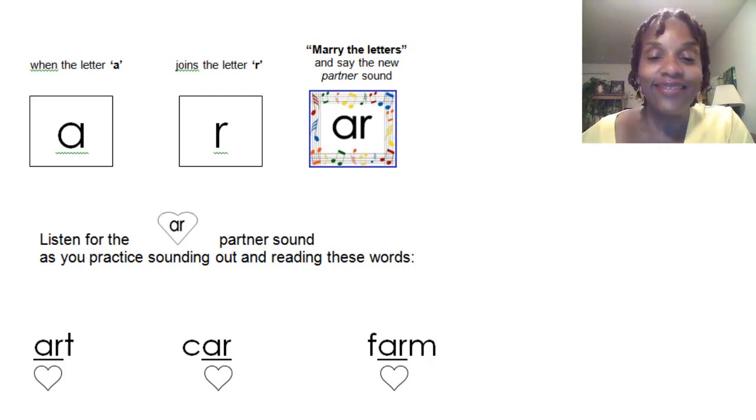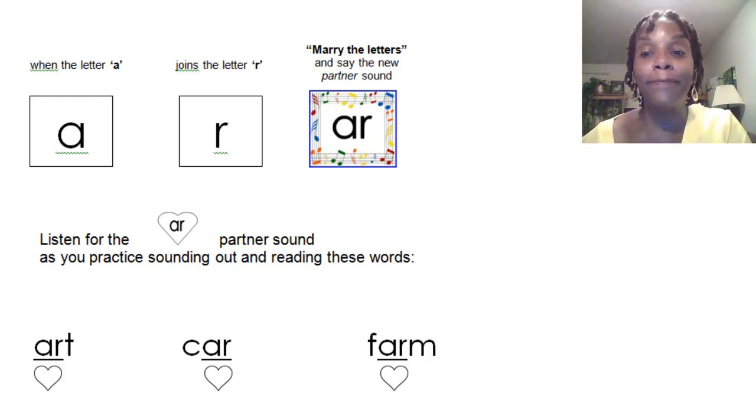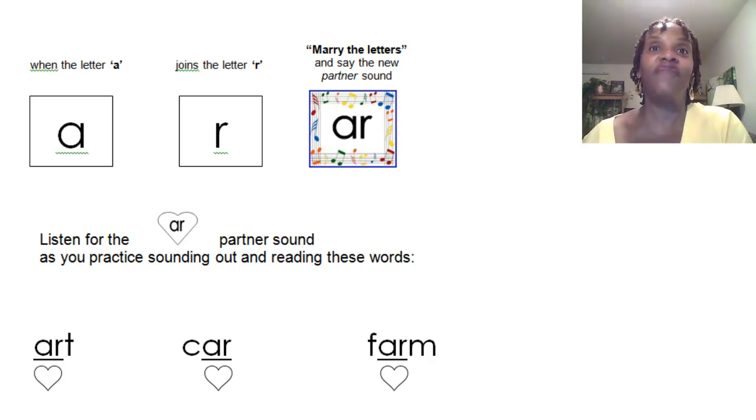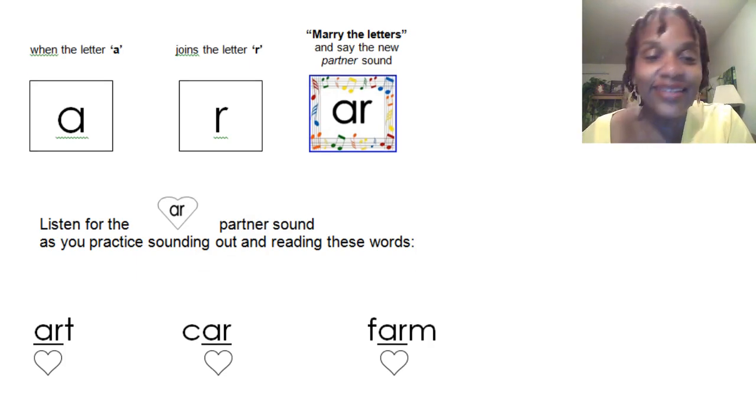Car. Okay, and the next word. Farm. You say it. Farm. I'd like to go on long car trips on a nice drive to the farm. Farm. Good job.